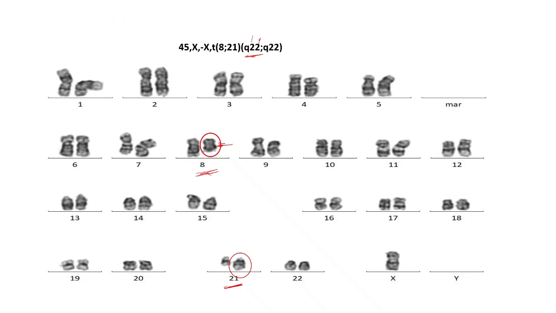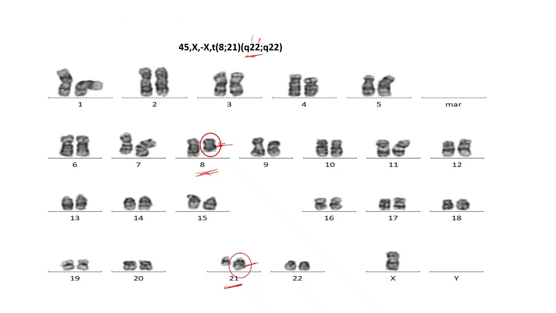Okay, so q22. Similarly at chromosome 21 the gene location is 21q22, so it will be in the q arm only, and this chromosome 21 is acrocentric.